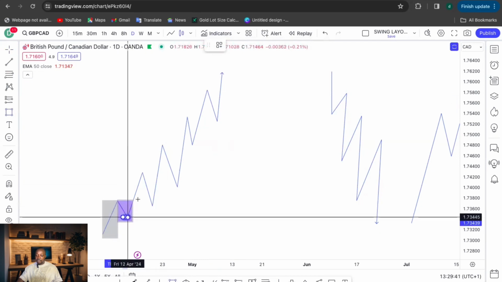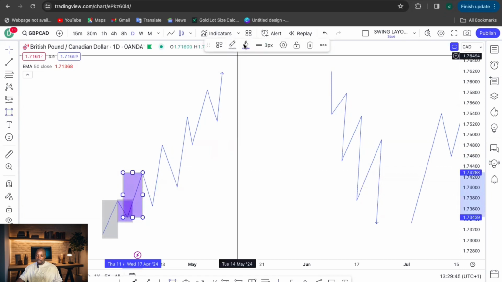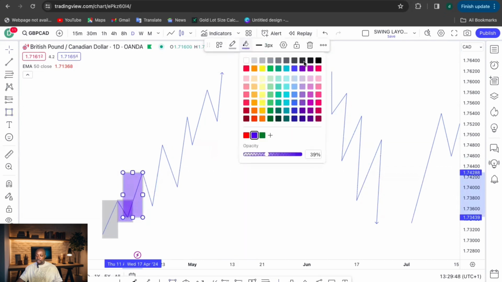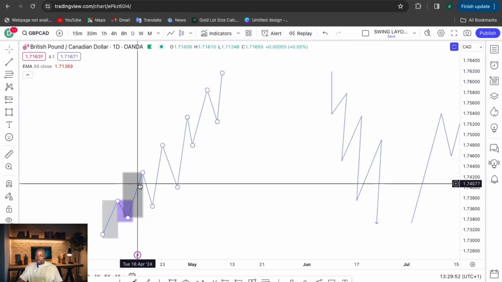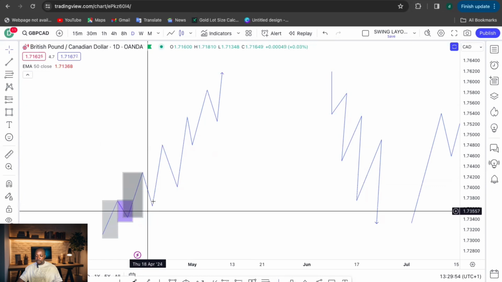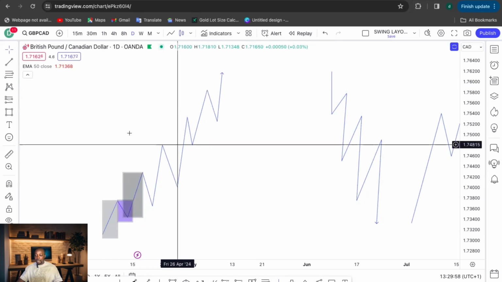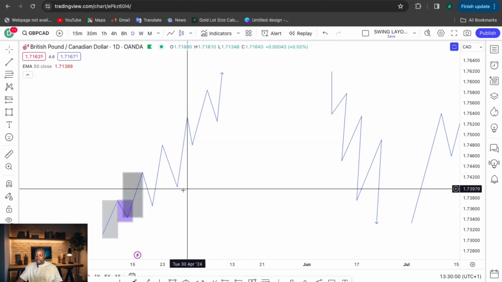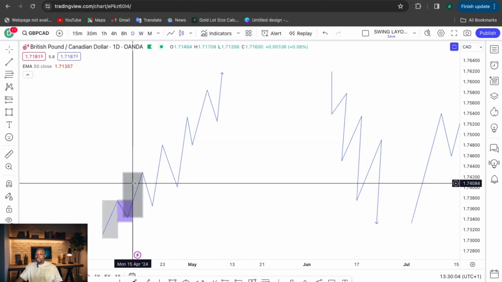Look at the impulsive leg. Look at the impulsive leg. Look at the pullback. Impulse, pullback, impulse, pullback. This is either called a pullback, a correction, a retracement, any of the above.